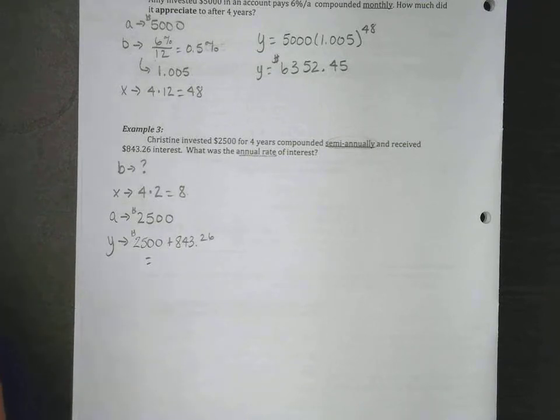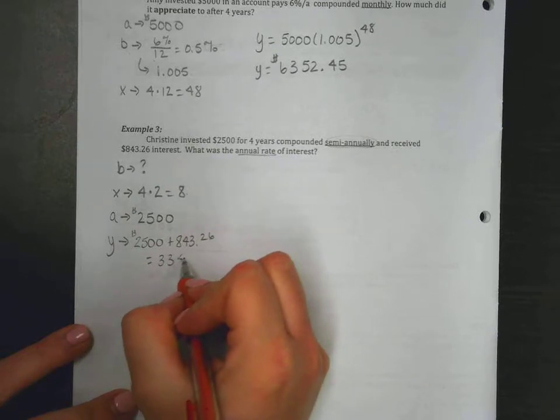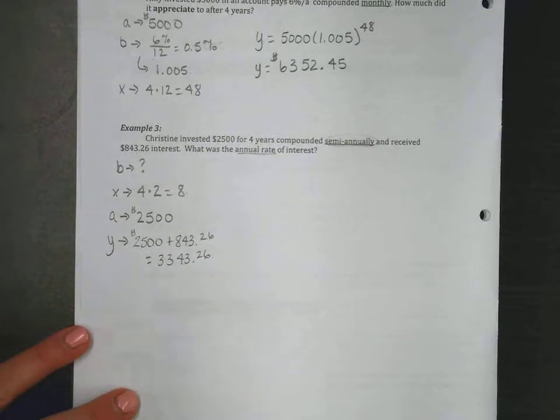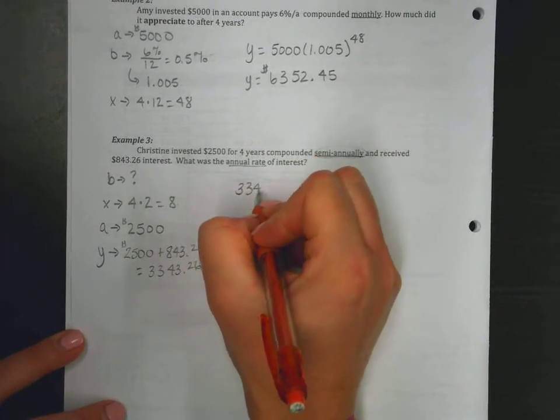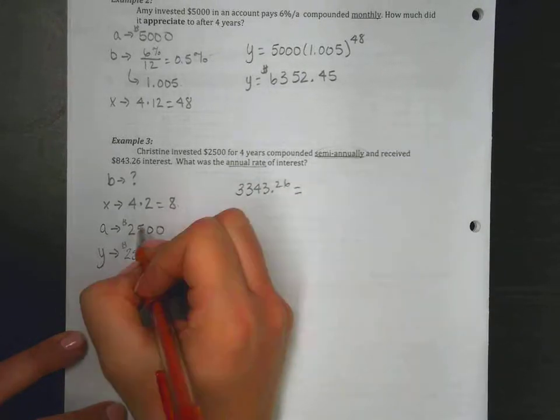All right, so now I'm ready to calculate my B value. So I'm going to input my Y value, 3343.26, equals my A value, 2,500, times my B value, which is what I'm looking for, to the power of 8.